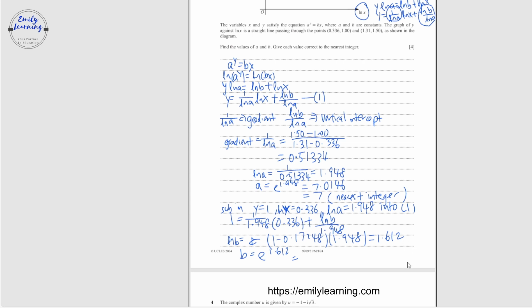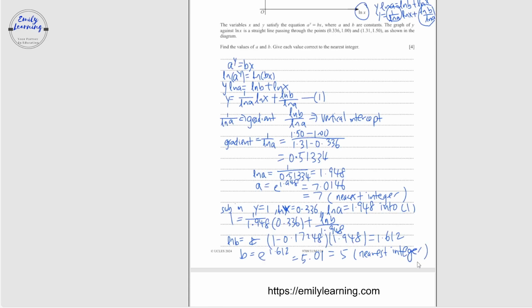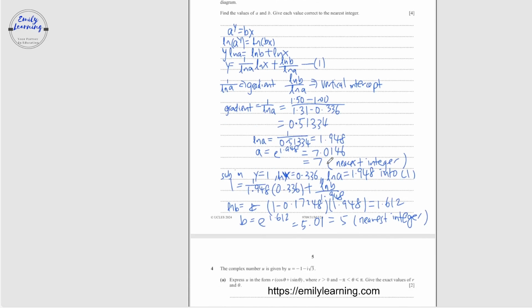Okay, which will give me around 5.01, or 5 if I round it off to nearest integer. Okay, so A is equals to 7, B is equals to 5, rounded off to the nearest integer for this question.